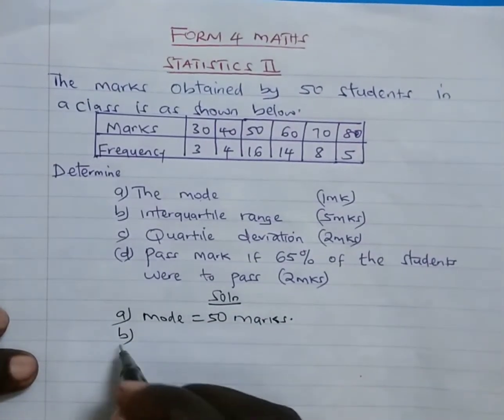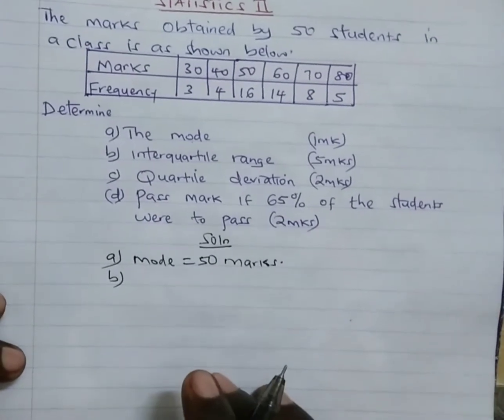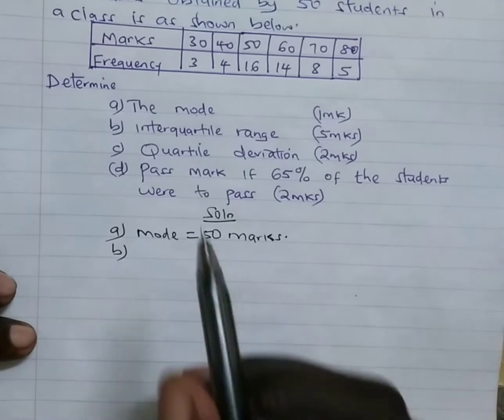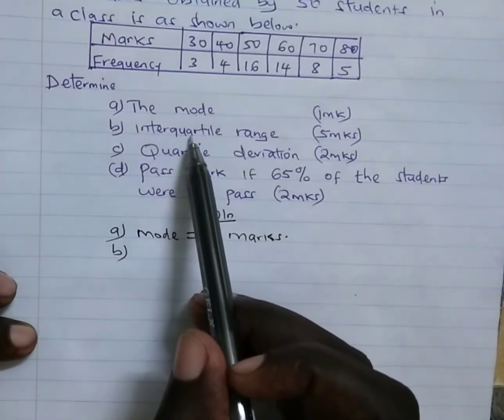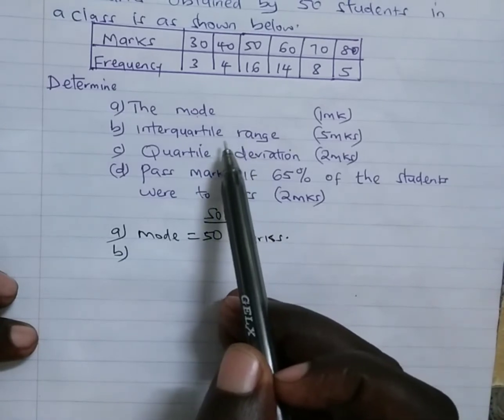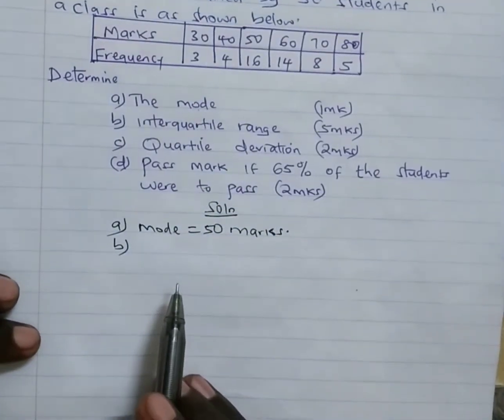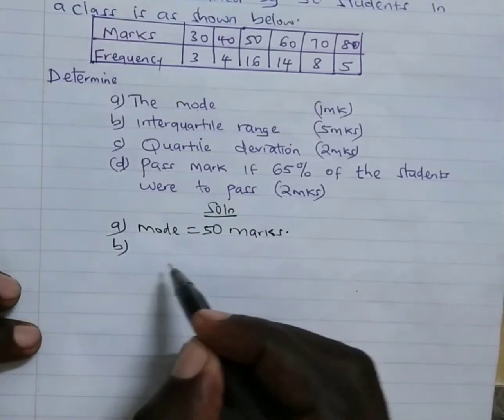We move to part B of the question, which requires us to calculate the interquartile range. For us to be able to calculate the interquartile range, we need to modify the table above as follows.